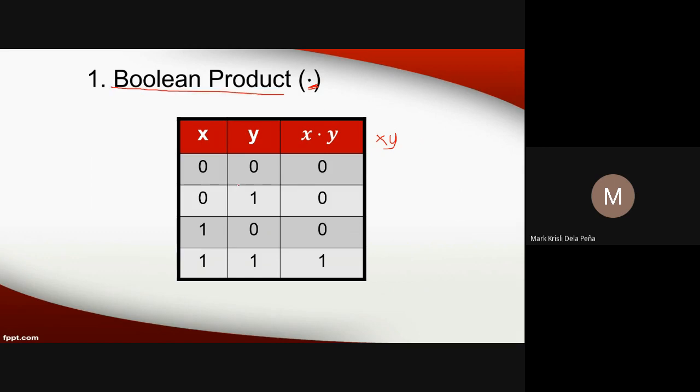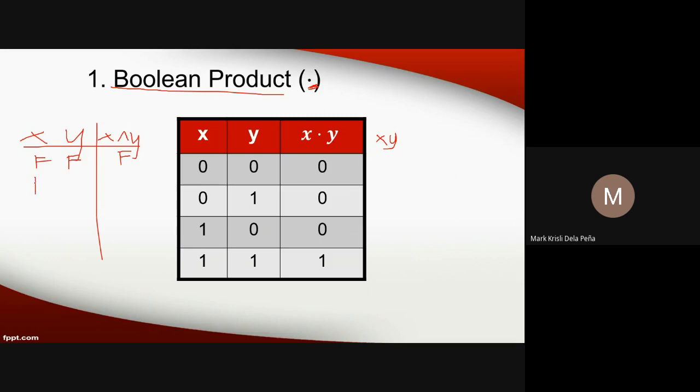If you recall our truth table in logic, if we use conjunction of two variables, false and false is equal to false.